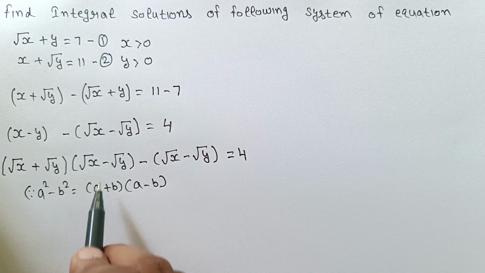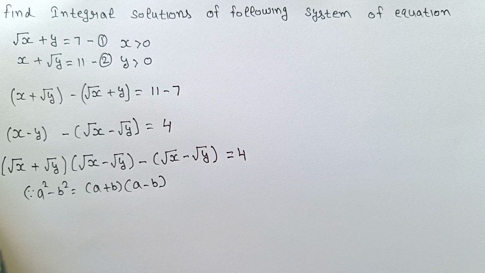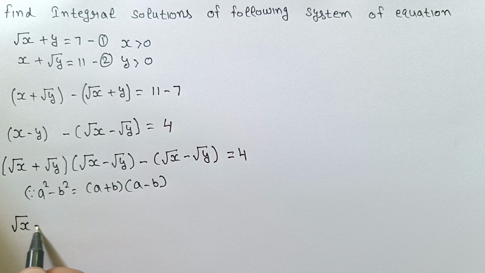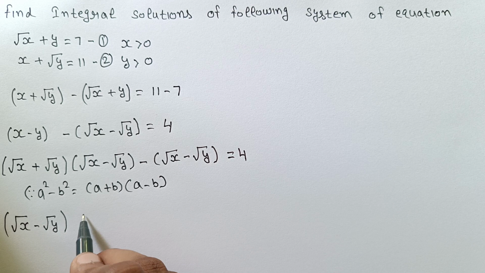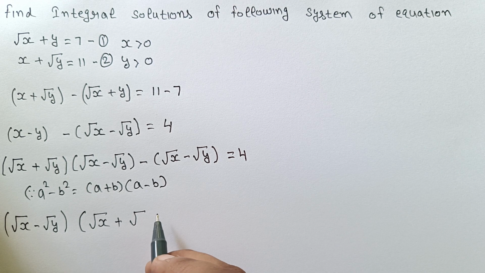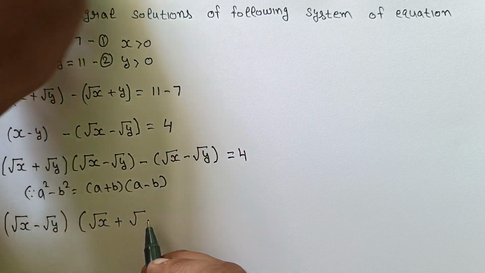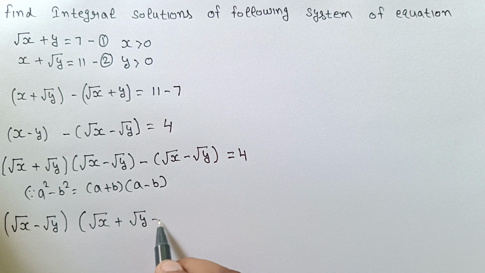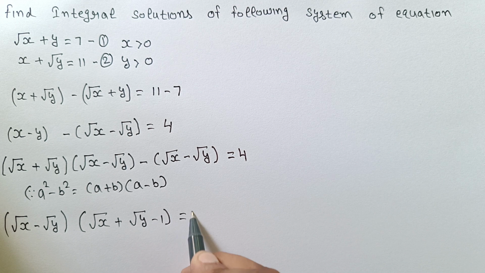Now we have seen that this factor and this factor can be taken as common, so I take root x minus root y as common, and inside I get root x plus root y minus 1 is equal to 4.